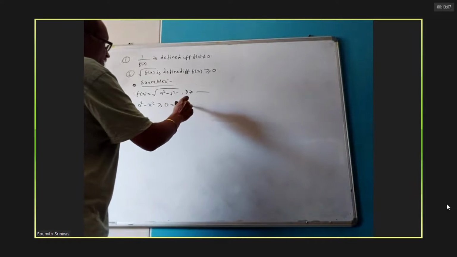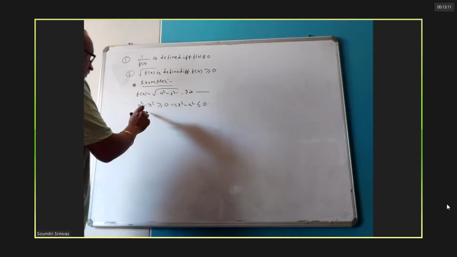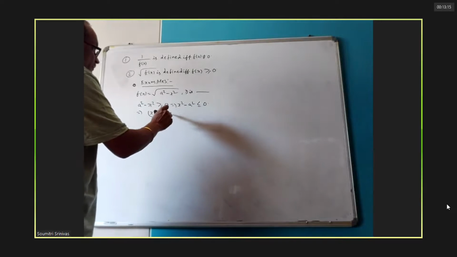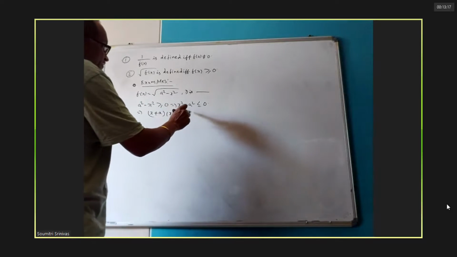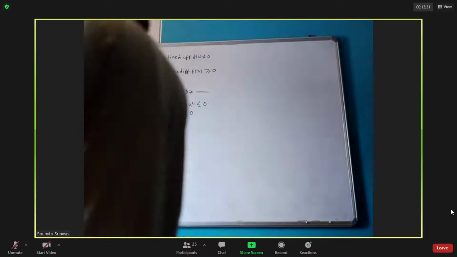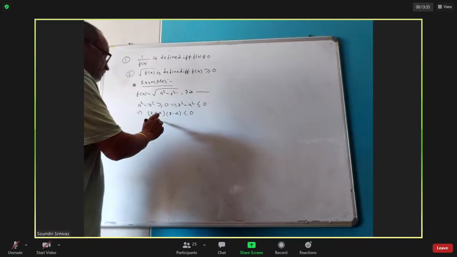x square minus a square less than or equal to 0. याद है, x plus a into x minus a less than or equal to 0. इसके बाद क्या करना? नंबर लाइन मेथड. Descartes rule of alternatively positive and negative signs. बच्चे लोग, what are the factors?